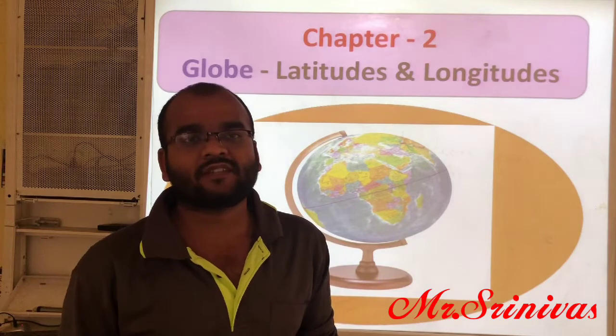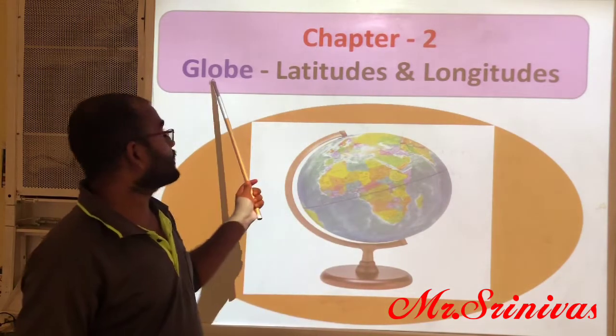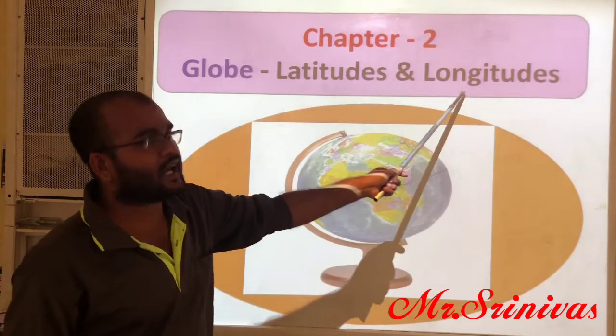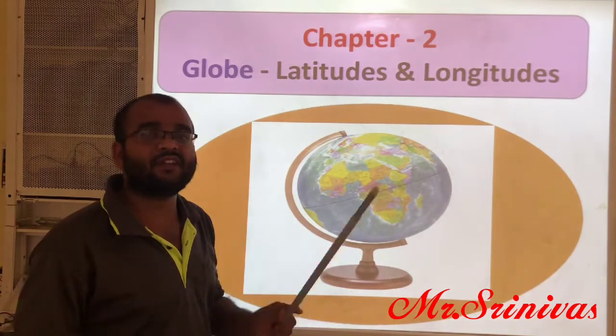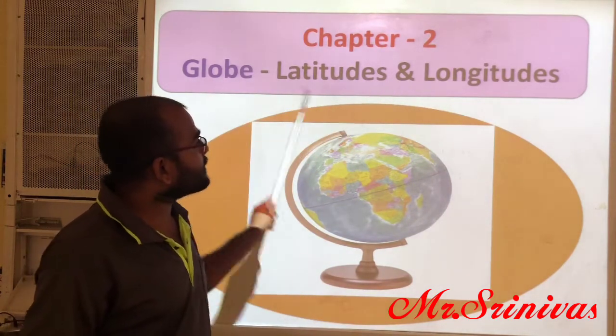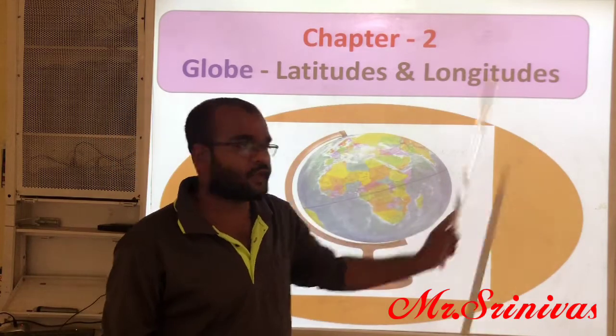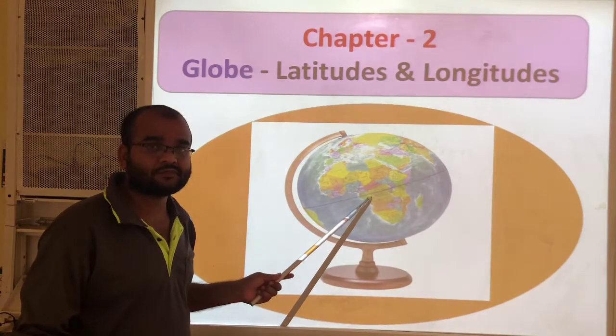Today we are going to discuss chapter 2, globe, latitudes and longitudes. In this chapter we will discuss the globe and latitudes and longitudes. Okay, see this figure. So what is this figure?